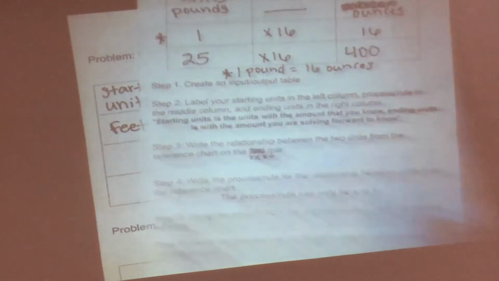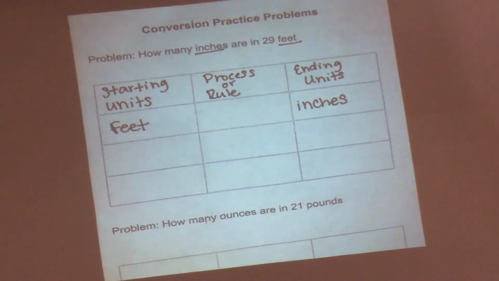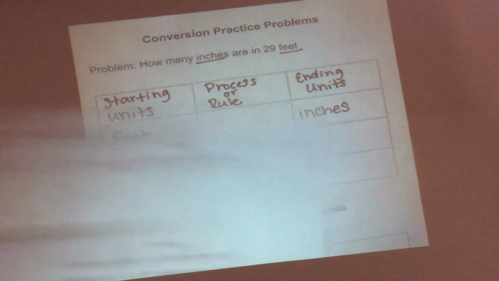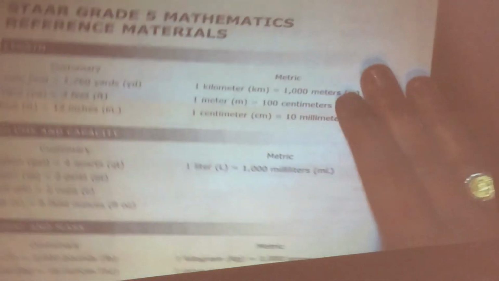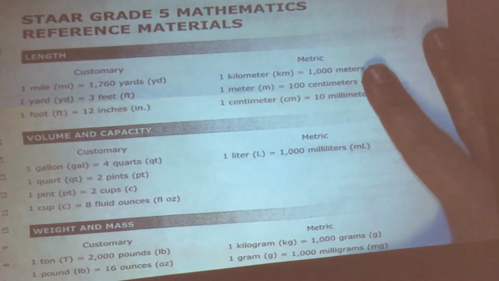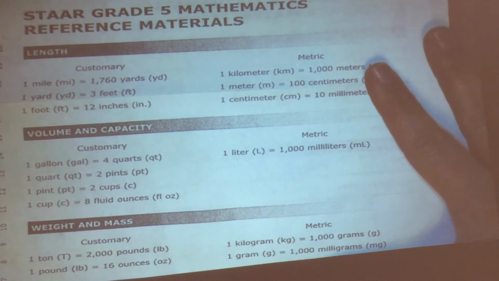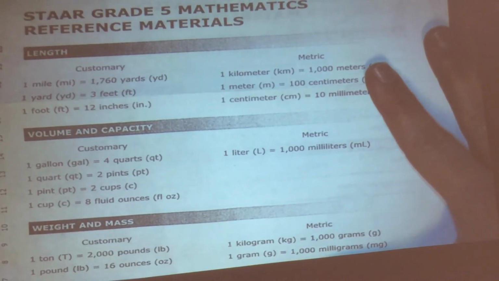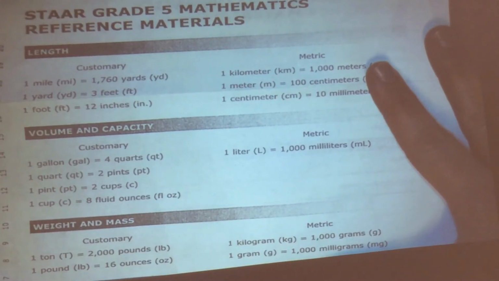Okay, so on my star reference chart, what is the relationship between feet and inches? What is it, Tyler? One foot is about 12 inches. It's not about, it is 12 inches.